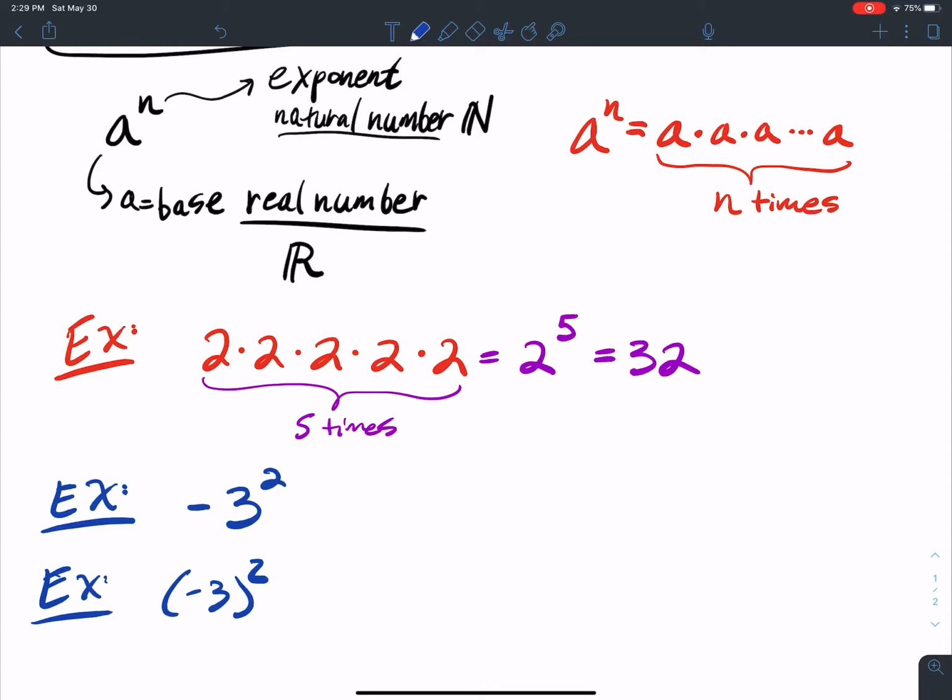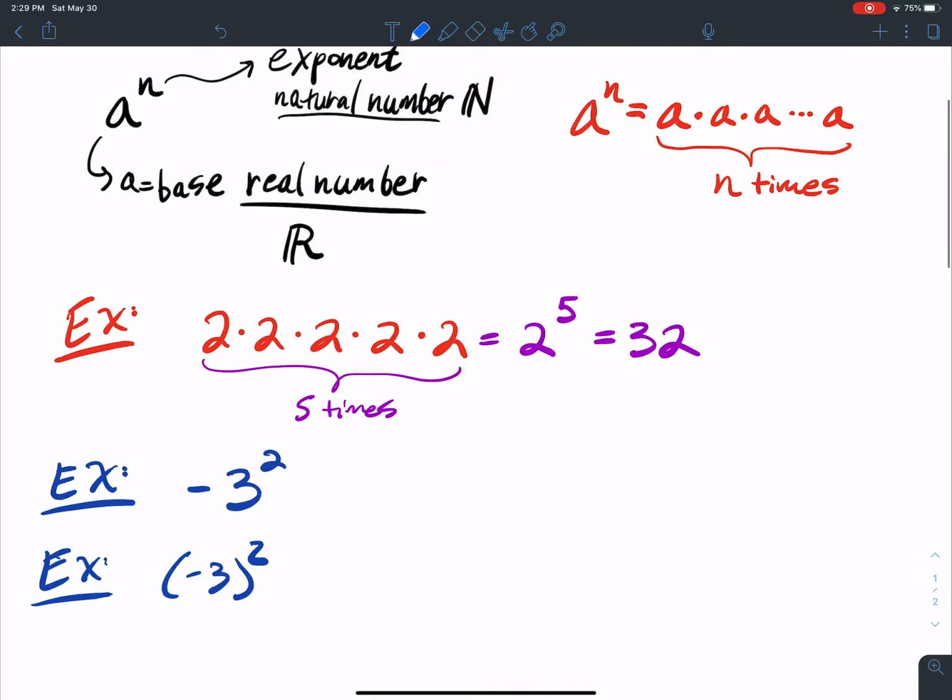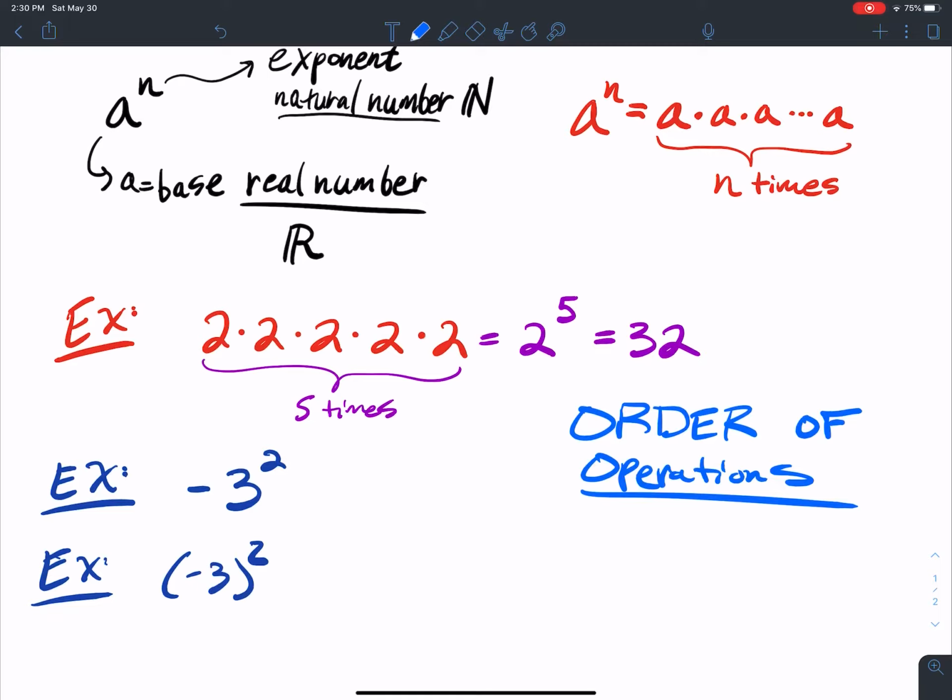Okay, so how this is treated, we've got to think about order of operations. You ever hear of PEMDAS?